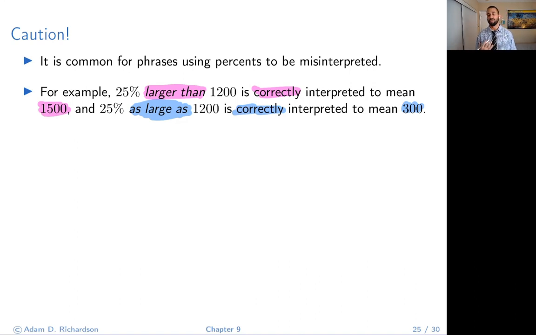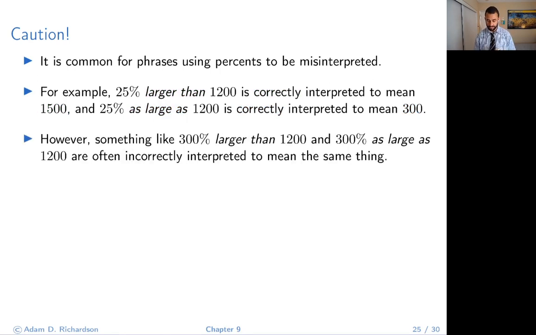People tend to get confused when those percentages are larger than 100. So for example, 300% larger than 1200 and 300% as large as 1200, they're often incorrectly interpreted to mean the same thing, or they're presented as meaning the same thing, but they're not the same at all.